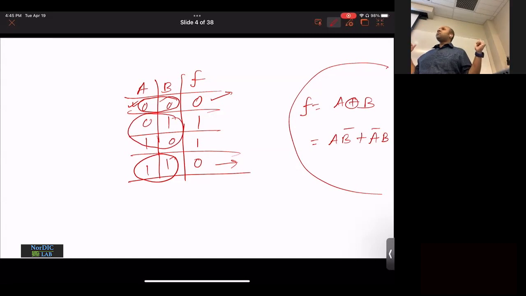Can I say that these 2 inputs are exclusive? Then your output is 1. So XOR, or exclusive OR, is only 1 when the inputs are exclusive, right? That's why the name. I mean, just to make you guys interested in it.